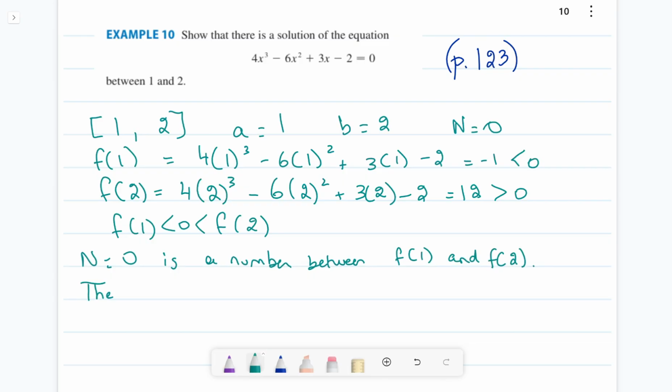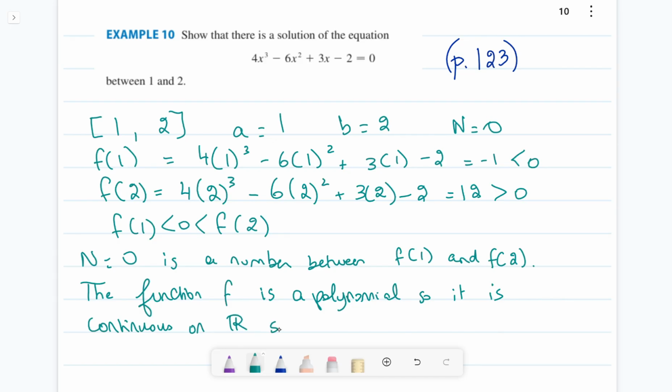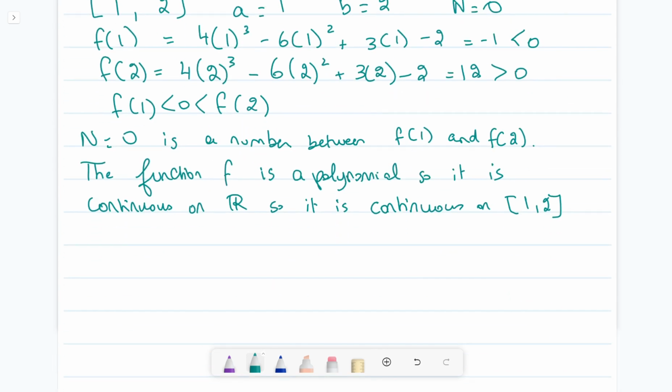In order to apply the intermediate value theorem, the function f has to be continuous. The function f is a polynomial, so it is continuous on all real numbers, so it is continuous on the closed interval 1 till 2. Because of that, we can now apply IVT.